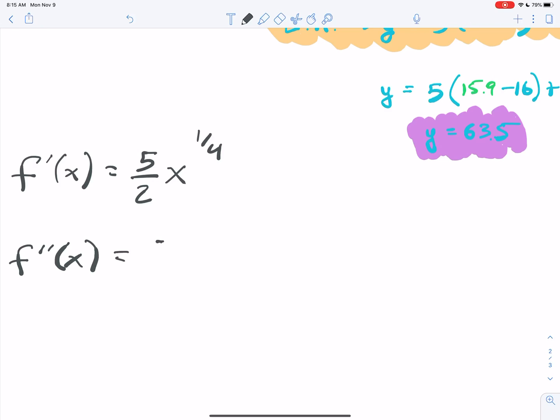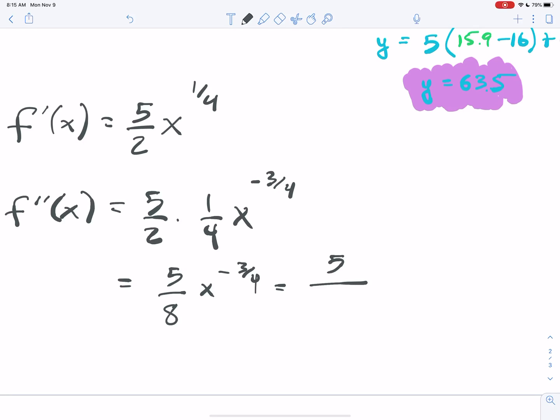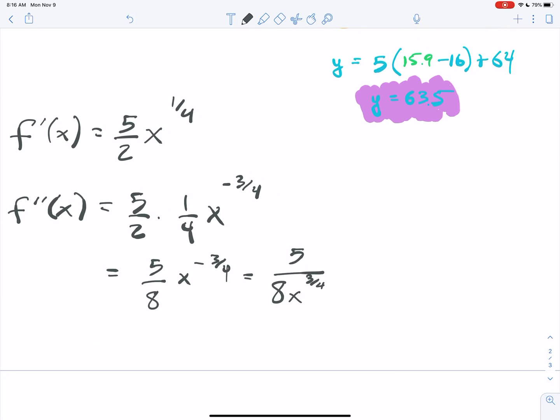So this is going to be 5 halves times 1/4 x to the negative 3/4. This comes out to 5/8 x to the negative 3/4, which is the same thing as 5/8 over x to the 3/4. If I fix that negative exponent, this is my second derivative.